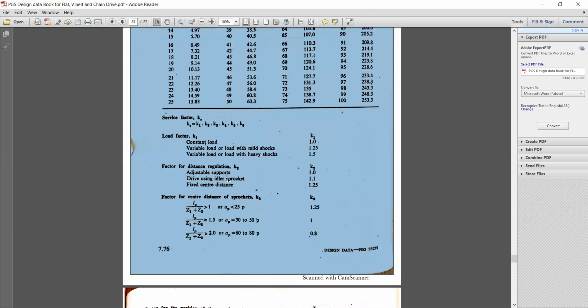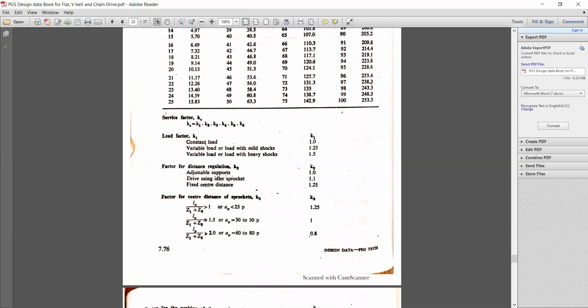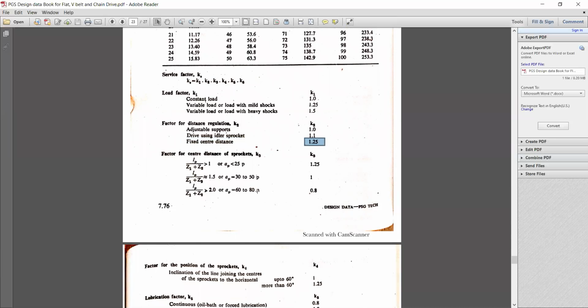K1 is equal to 1.0. Second factor, the factor for distance regulation, K2. We have considered it is a fixed distance, so K2 is equal to 1.25. The factor for center distance of sprockets, normally the range of A, that is center distance, is 30 to 50 T, number of links. We have considered this one, and the value of K3 is equal to 1.